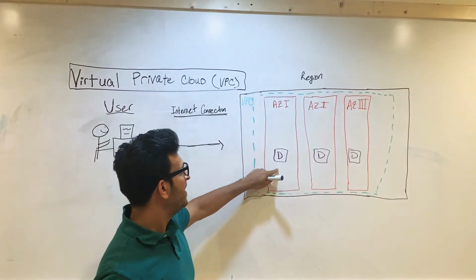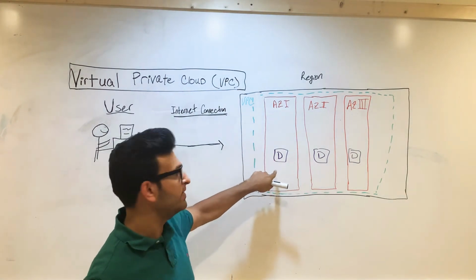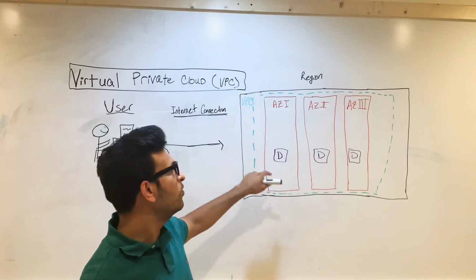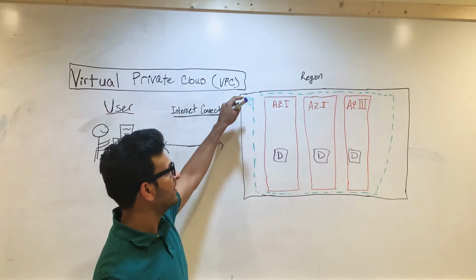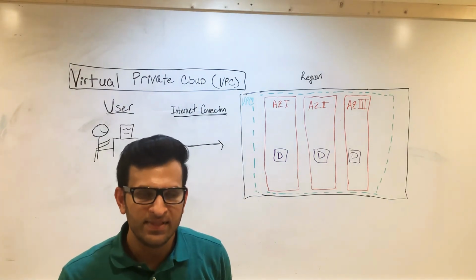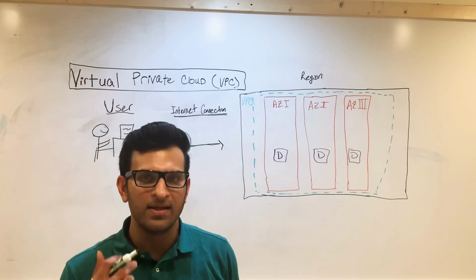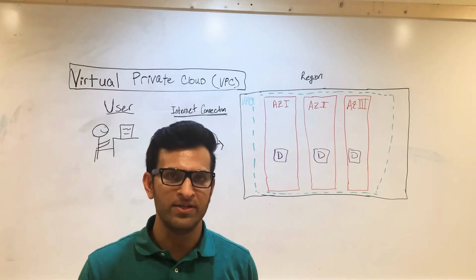Your databases or your files or your servers are inside the VPC. So in order to have access to this, you must be able to access the VPC, which is not a given. A VPC has security which checks whether your IP address is allowed in or not.